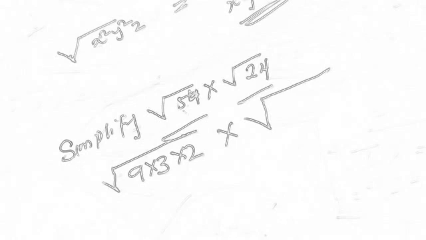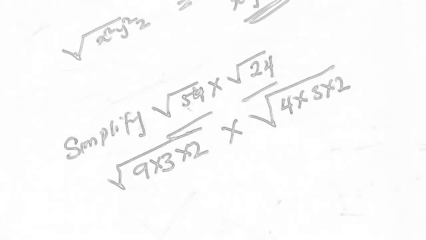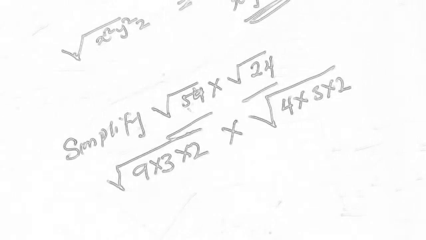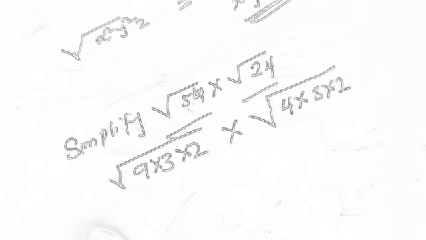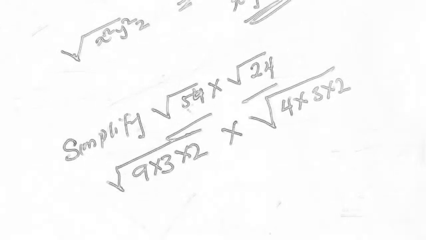24 divided by 2 gives us 12, and 12 divided by 4 gives us 3. So now we have 4 times 3 times 2. I hope you get that now. On this form now, what do we do? If you look at this right now, you will notice that we can actually bring them out like we do for the first one.